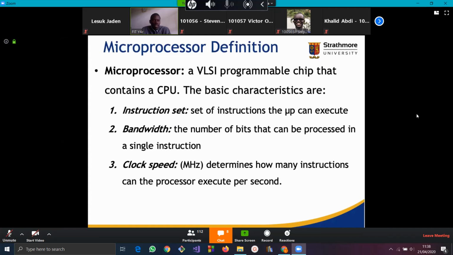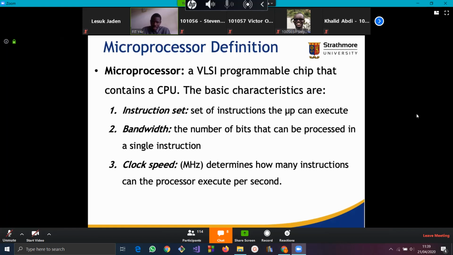So it's the size of the instruction: what is the length of the instruction that the CPU can process in one go? A 32-bit processor can process 32 bits of instructions in one go. A 64-bit processor can process 64 bits of instruction in one go. So that is bandwidth. Then there is clock speed.